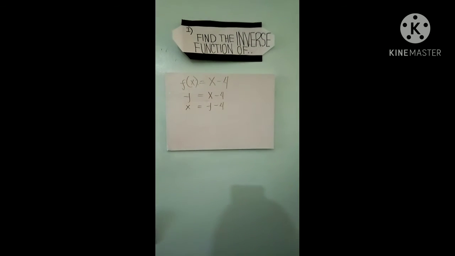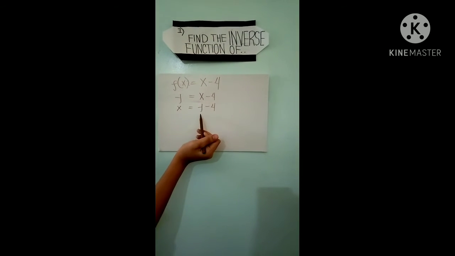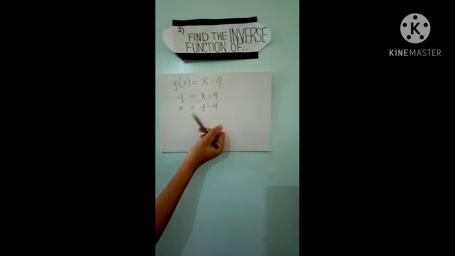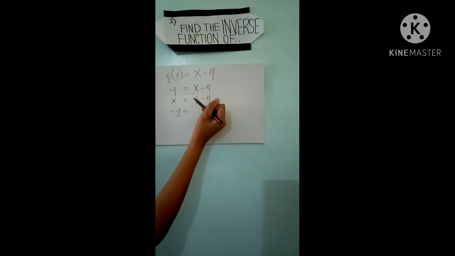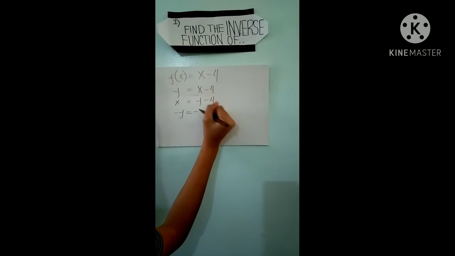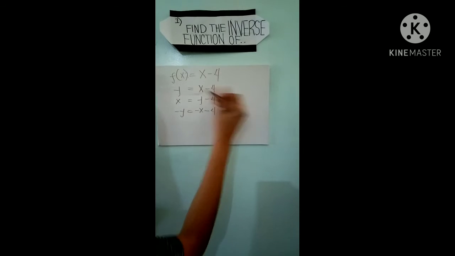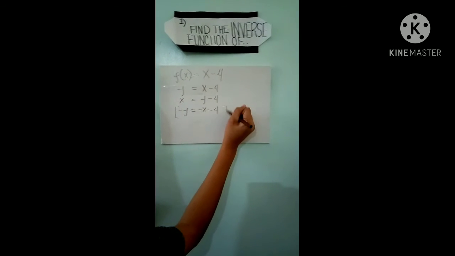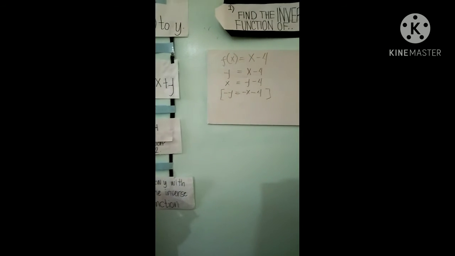In order to solve for y, we need to transpose the y and x. So our y will become negative y, transposed x will become negative x, and copy minus 4. In order to solve for y, let's first eliminate the negative.